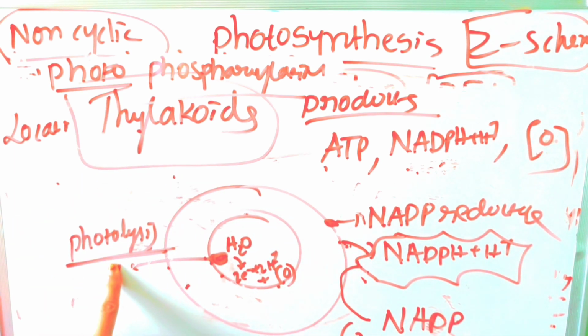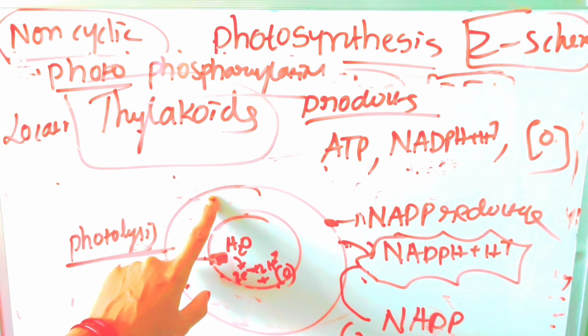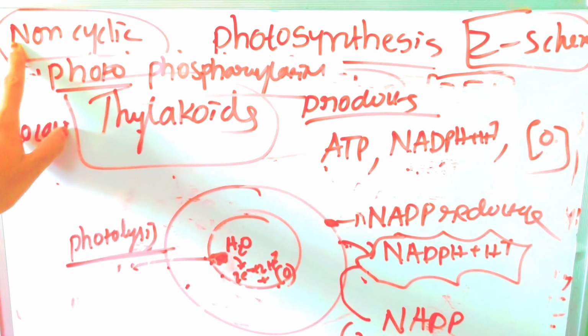The thylakoid has two important complexes. The first complex is the photolysis complex, which is located in the inner thylakoid membrane. What is the process? The splitting of the water molecule into 2 electrons, 2 protons and a byproduct, nascent oxygen. A pair of electrons replaces the lost electrons in photosystem 2 in non-cyclic photophosphorylation.